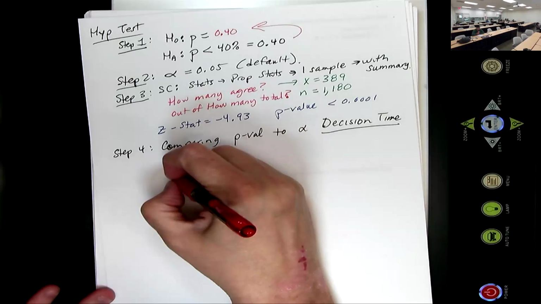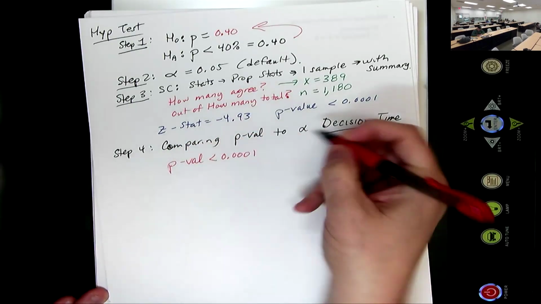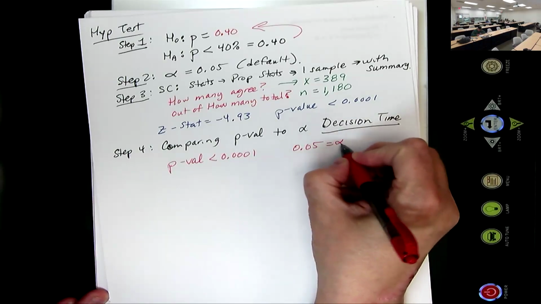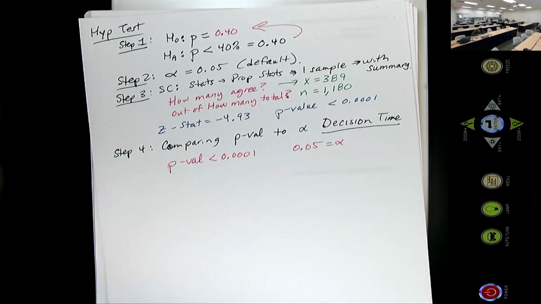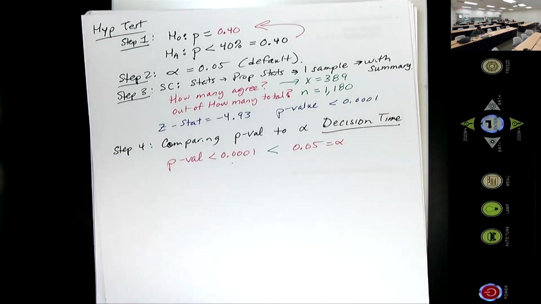So my p-value says less than 0.0001. 0.05 is our alpha. Is the p-value less than alpha or is it greater than alpha? Less. If it's lower than this and this is lower than this, p-value is less.